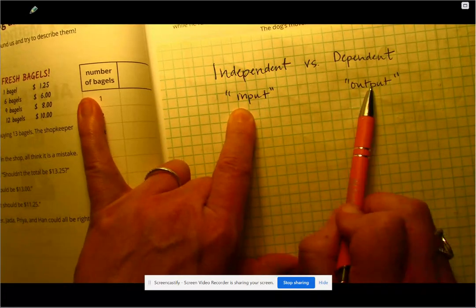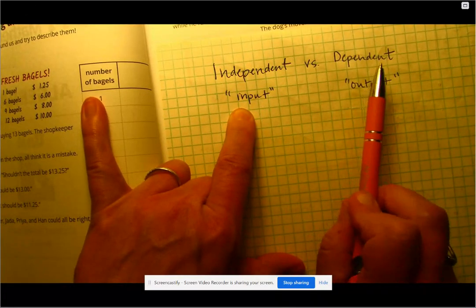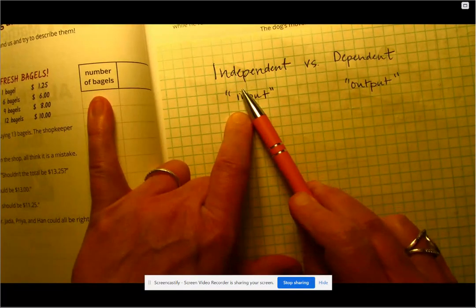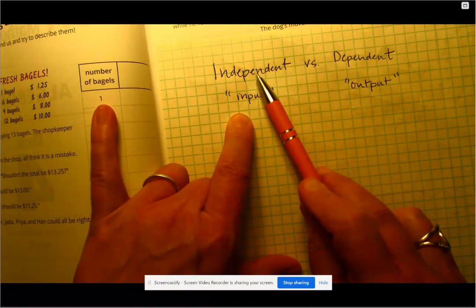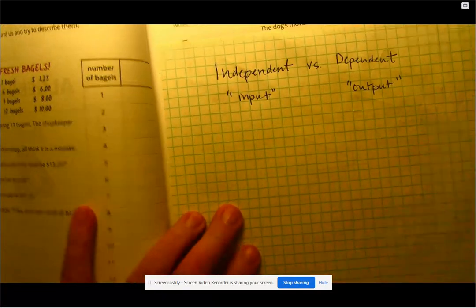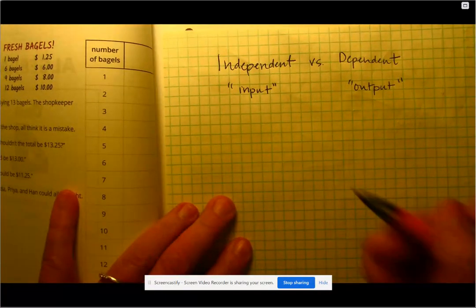usually this is being calculated as a result of this. The dependent depends on the independent. And what we say, we're going to come up with this new statement now when we're talking about functions.